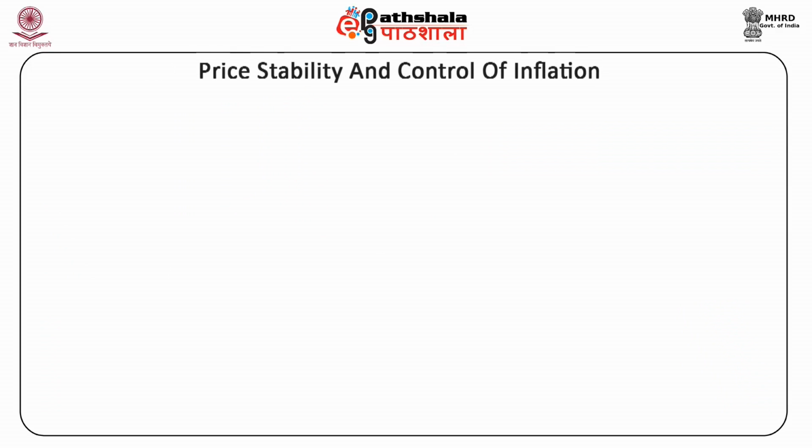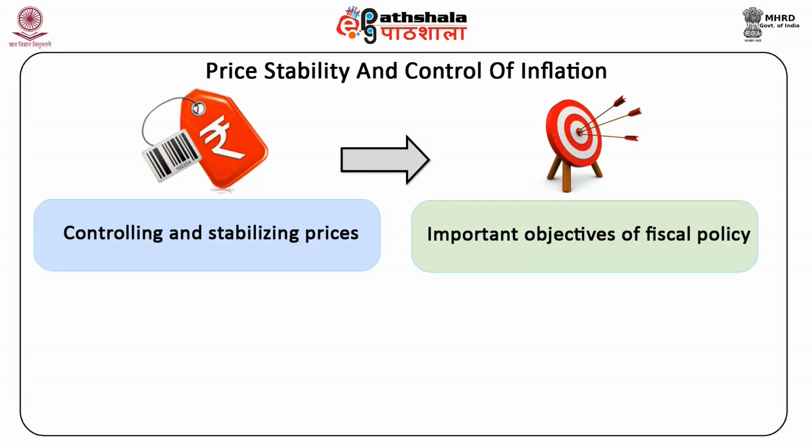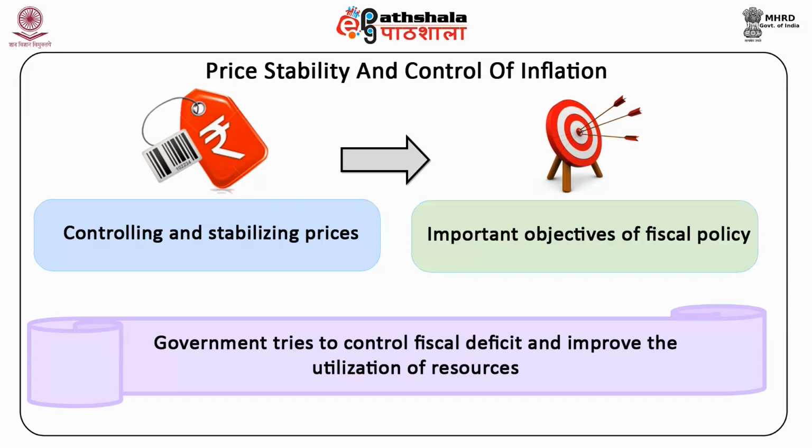Price stability and control of inflation. Controlling and stabilizing prices is one of the most important objectives of fiscal policy. Government tries to control fiscal deficit and improve the utilization of resources.